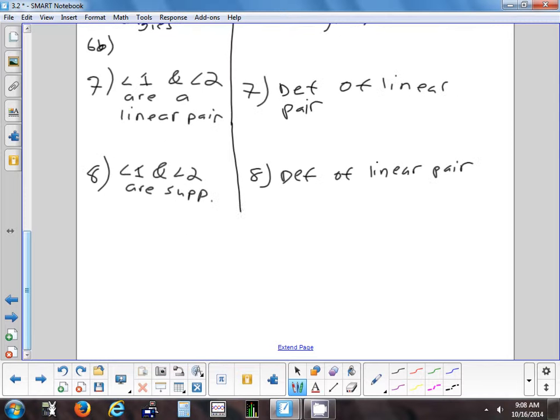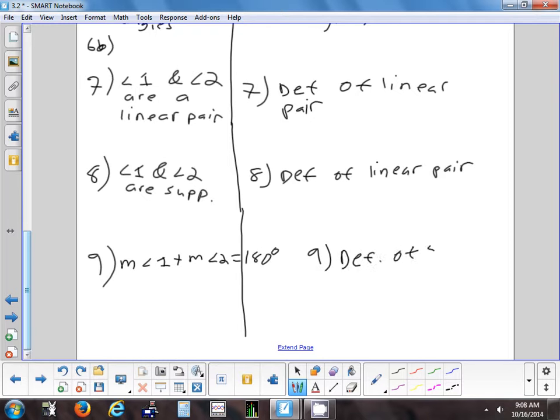In step 9, now we can get into the equation, which is probably where I'm going to stop. Measure of angle 1 plus measure of angle 2 equals 180. That's the definition of supplementary. Now you've already proven that angle 1 is 90.